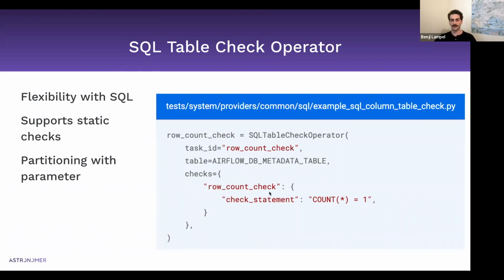So for every custom named check that we have, and we can have multiple, under the hood, these get union all together. We have one check statement, and then what that statement is gets moved into a case statement in the SQL, and we will see that later and how this ultimately works. Suffice to say, this row count check is ensuring that there is one row in our table. Not the most useful check for one row necessarily, but it serves as a good example.